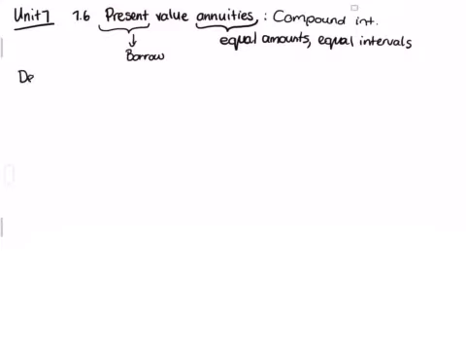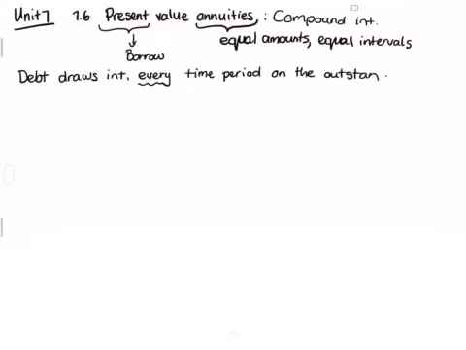Right, so if you borrow money and it's compound interest, your debt draws interest every time period. In other words, if your interest is compounded monthly, then it draws interest every month on what? The outstanding balance at that time.